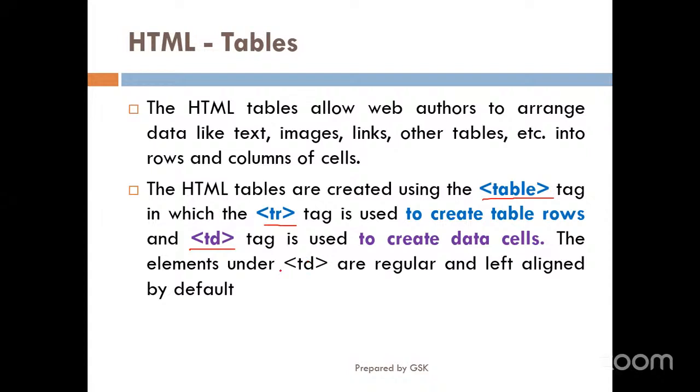Other than this, we can also use the th tag within the table, if you want to give table headings. Suppose I created a table to display information about students. In general, the table will have headings like serial number, hall ticket number, student name, branch, etc. If you want to create any table headings, we can go for the th tag, table heading tag.